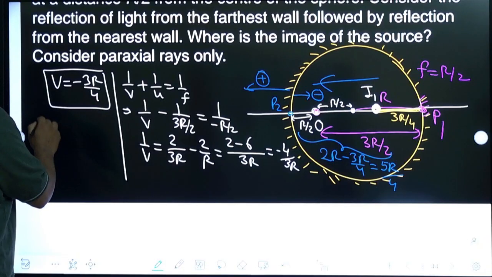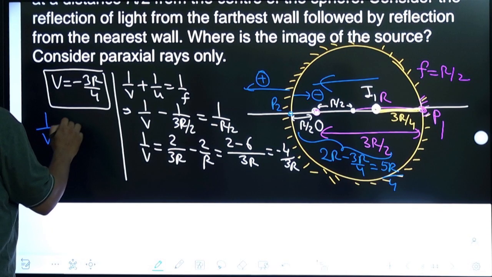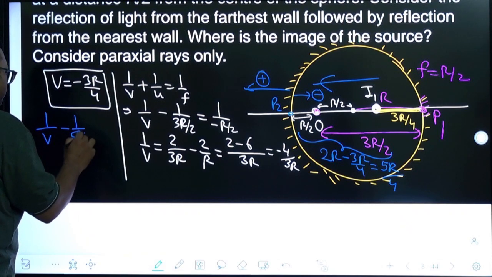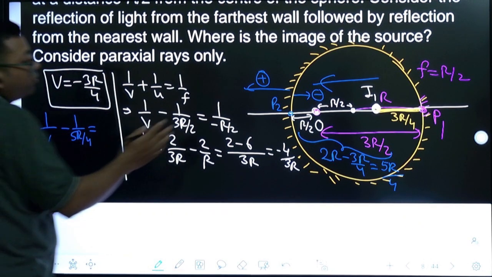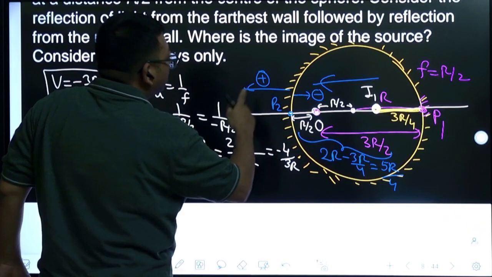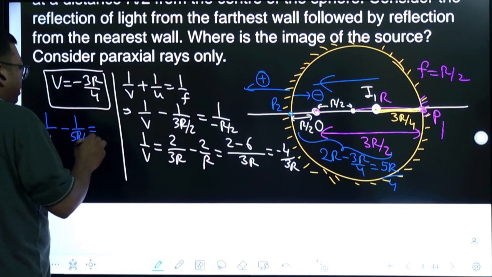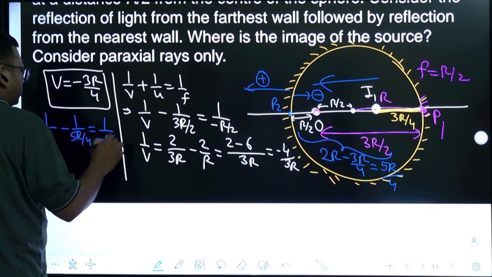So now you substitute 1 by v plus 1 by u, but object distance is going to be negative 5r by 4, equal to 1 by focal length for this side. Focal length is still negative for this side, so minus r by 2. Now you calculate.